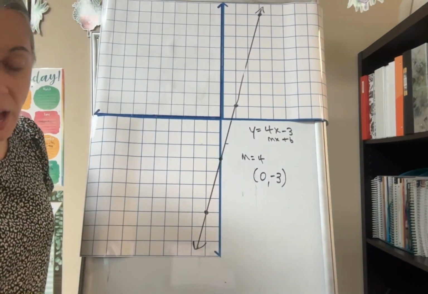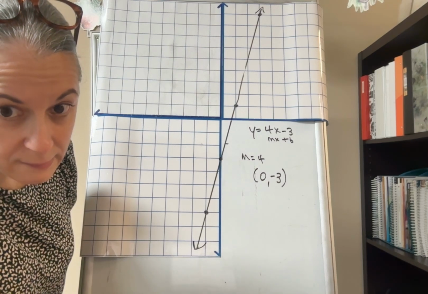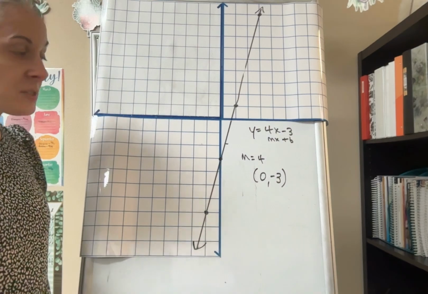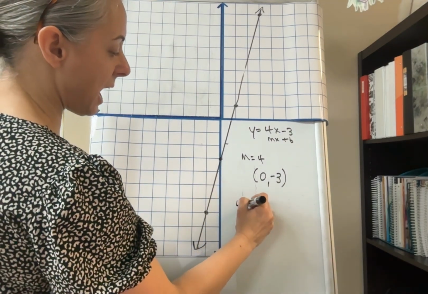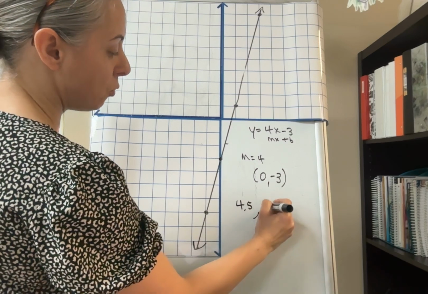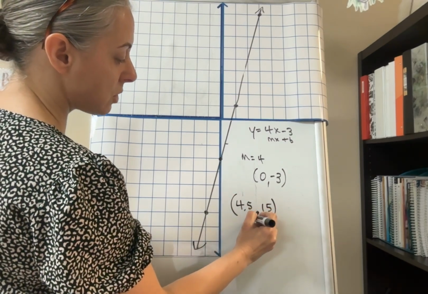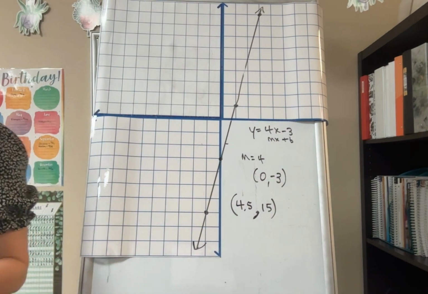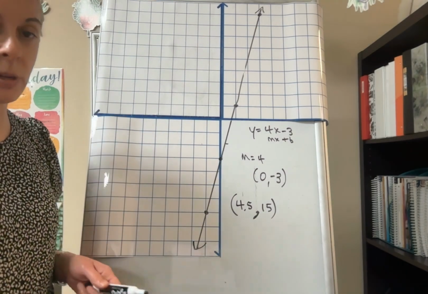Maybe we would be at 5 on the X line when we get to 15 on the Y. It actually looks like we would be at 4.5, so that was a pretty good guess. We would be at 4.5 on the X line when we hit 15 on the Y line. So since you can't buy 4.5 hamburgers, she can probably buy 4 hamburgers with her money, with $15 of cash.